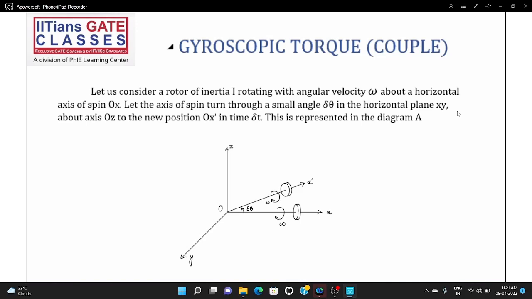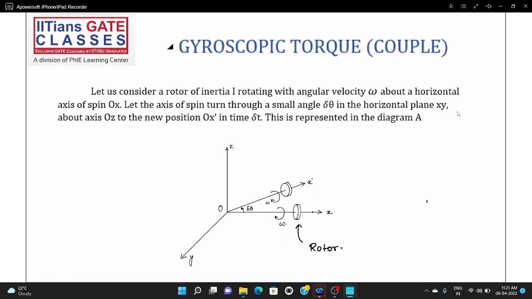Now you can see in the figure. This is a rotor. It could be anything, an aeroplane or a ship. For example, let me say this is an aeroplane. You'll have a rotor inside the aeroplane, and the rotor will be rotating. It could be a propeller.